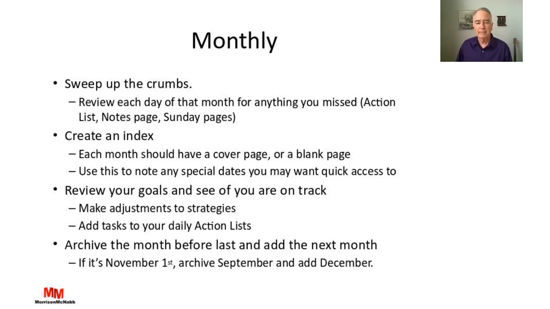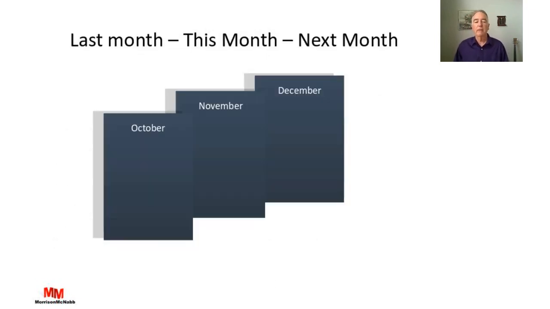So this is part of your monthly planning, and then archive the month before last and add the next month. So, for example, here it is, November, or it just became November.